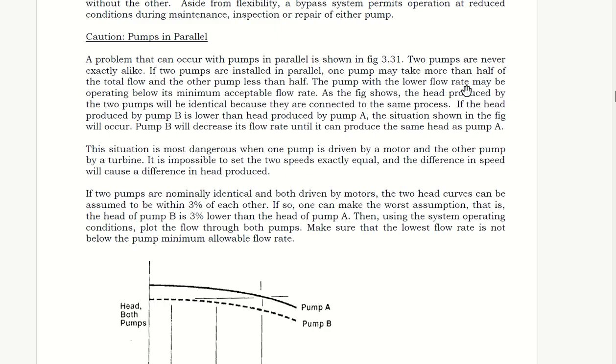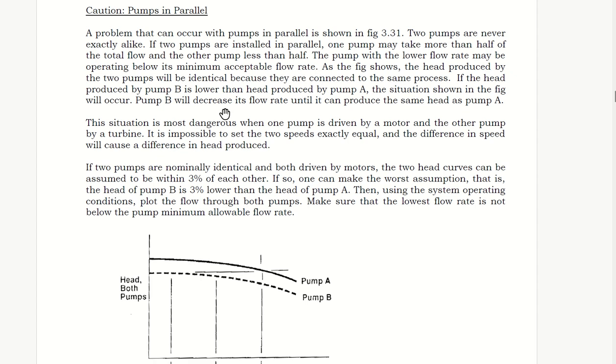A pump with a lower flow rate may be operated below its minimum acceptable flow rate. As the figure shows, the head produced by the two pumps will be identical because they are connected to the same process. If the head produced by pump B is lower than that produced by pump A, the situation shown in the figure will occur.